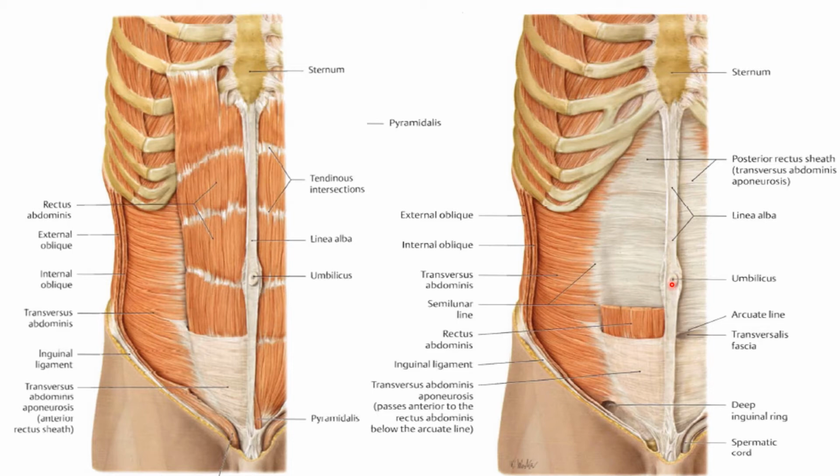Here also we can appreciate the arcuate line, from where all the layers pass anterior to the rectus abdominis, forming the anterior layer of the rectus sheath. So posteriorly this portion now has only the fascia transversalis. So this is the arcuate line. We will discuss that later.